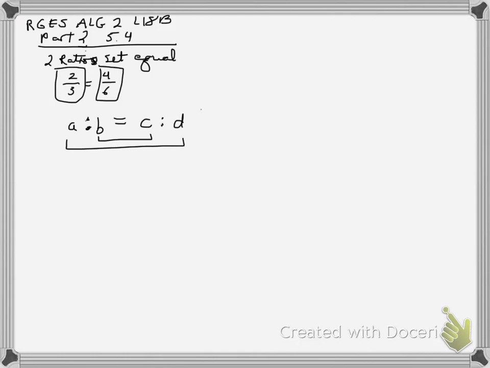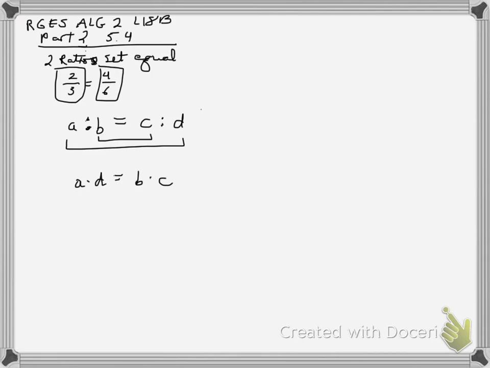So this is a proportion. One ratio equals another ratio, and the rule is that if we have a proportion, the extremes, that would be A times D, is going to be equal to B times C.